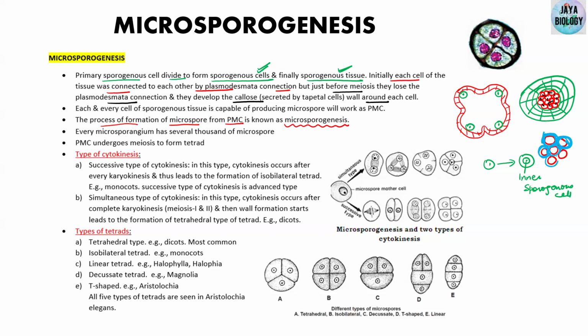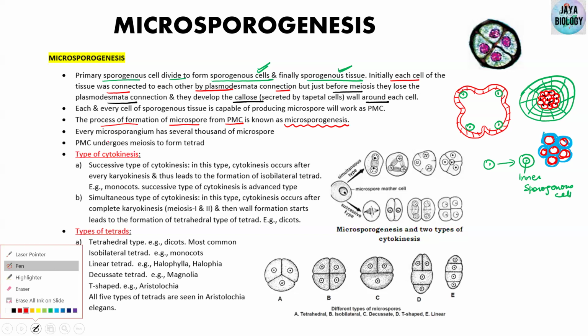I hope you are understanding this much theory. The primary sporogenous cell will make a sporogenous tissue, and initially each cell was connected to the others by plasmodesmata, but just before meiosis they develop a callus covering around each cell so that they can become separate from each other. Clear? So first of all, you should know why the callus covering is there.